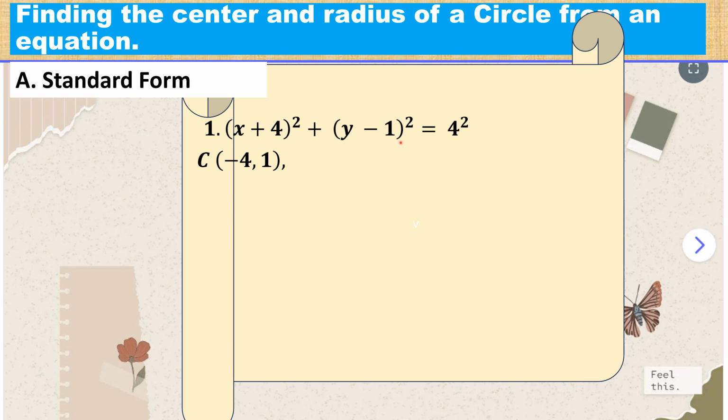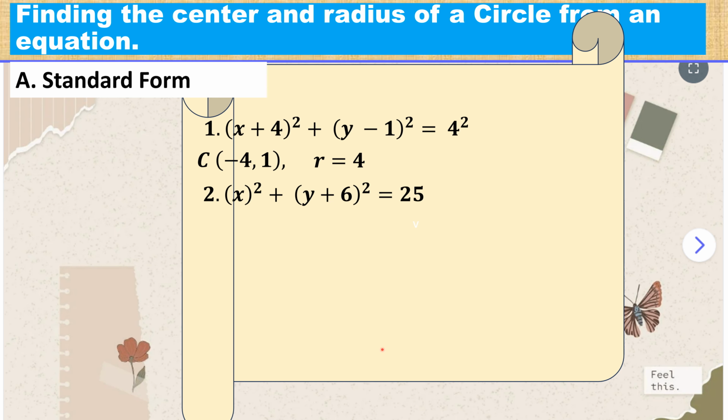And y minus 1, thus we were able to get the y coordinate of the center, which is positive 1. And that is coming from the negative 1 in there. So the additive inverse of negative 1 is positive 1. So done with the center, and its radius is 4 squared. What do you mean by 4 squared? This is 16. And what is the square root of 16? Then that is the radius. So the r is equal to 4.